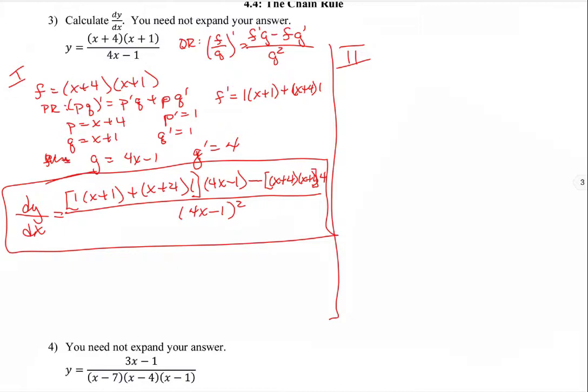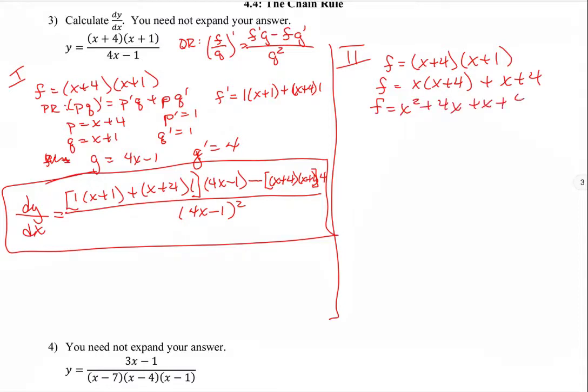I'm still using the quotient rule, so then f prime equals 2x plus 5, and g equals 4x minus 1, and g prime equals 4.